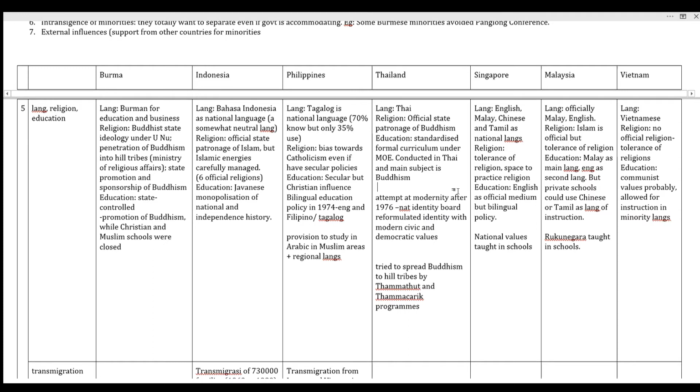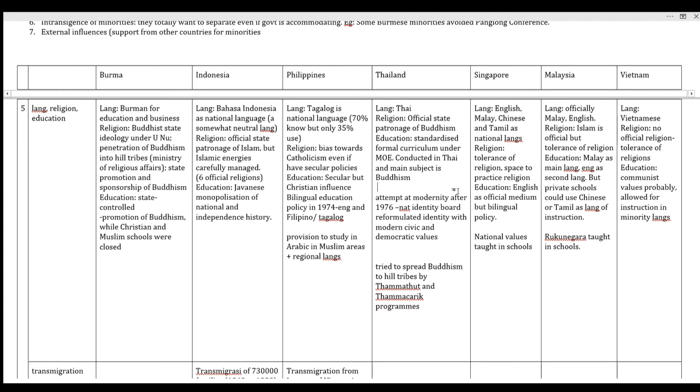So in Indonesia, they decided to use their national language, Bahasa Indonesia, and it is actually a pretty neutral language, because I guess language is the least of the problems. It's mostly the religion that usually creates the problems. In terms of religion, they have official state patronage of Islam, but they do it carefully, so hopefully the minorities don't feel too oppressed by the fact that Indonesia cares about Islam in a sense.